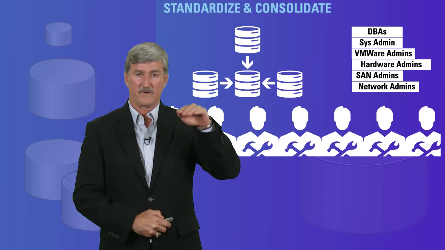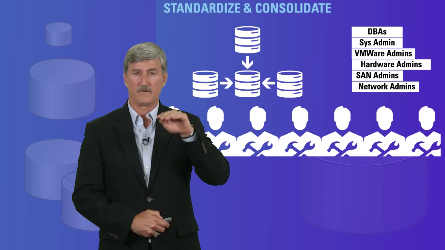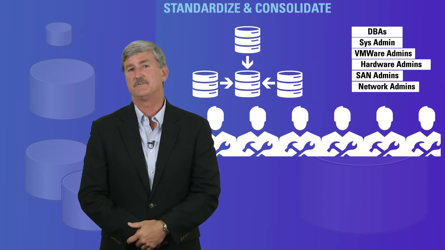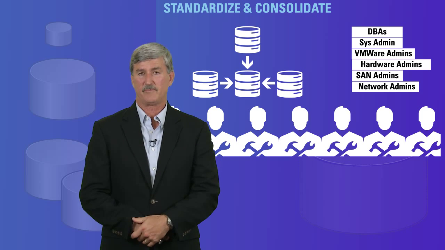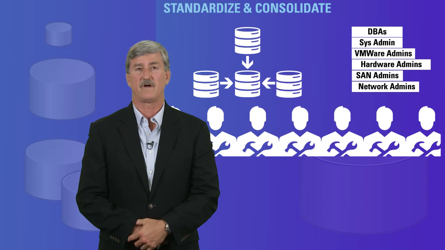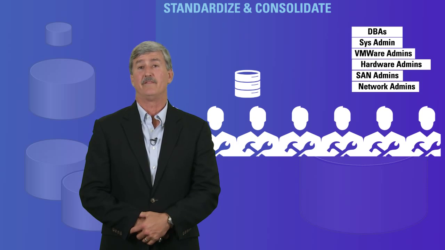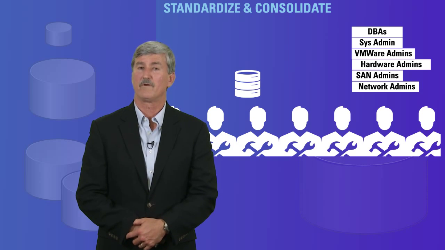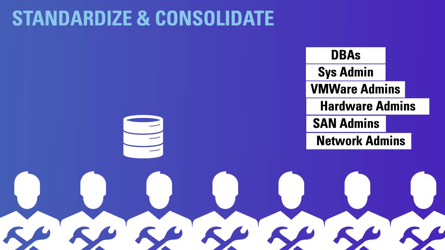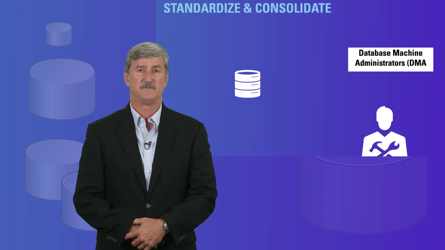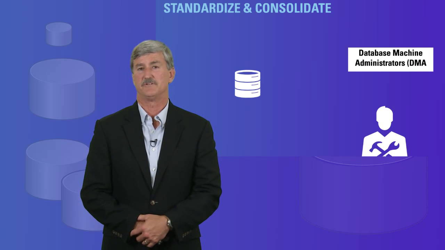So you get these horizontal tiers with horizontal orgs to match each layer of the stack. And with engineered systems, what we're asking you to do is to simplify your environment, standardize and consolidate, replace those with a single engineered system, and then think about moving your organization over to a vertical organization such as the database machine administrators.